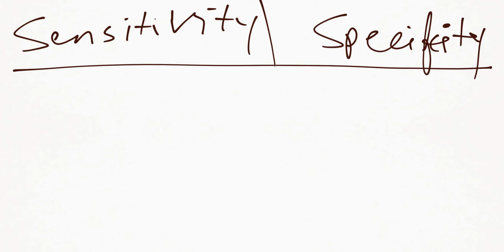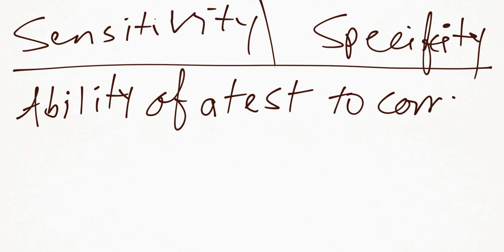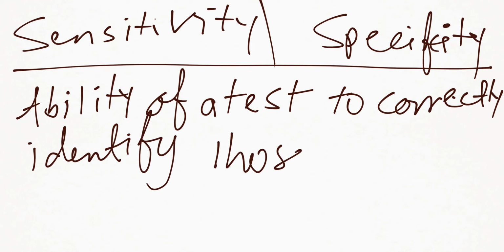You will say that it is the ability of a test, we are writing this according to the answer that is required by the college, okay? Ability of a test to correctly identify those, and then we will continue.